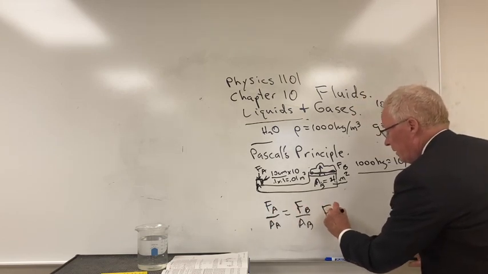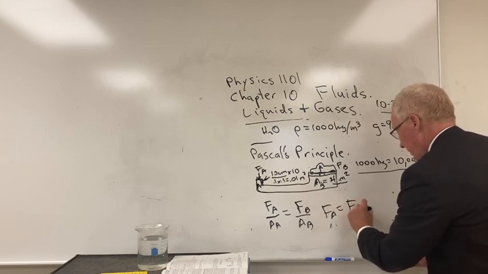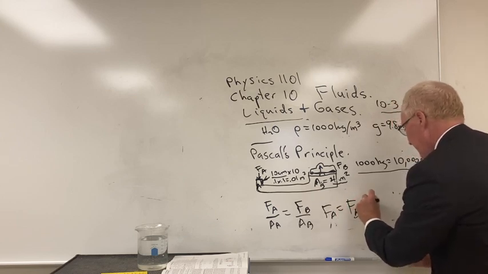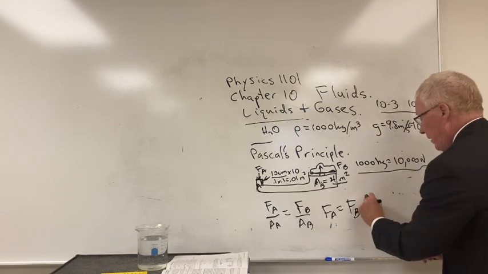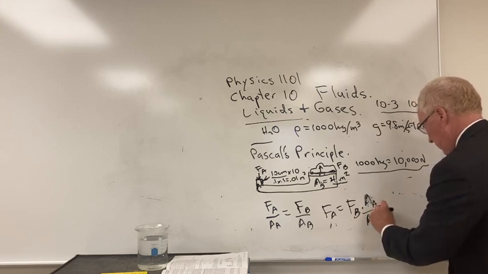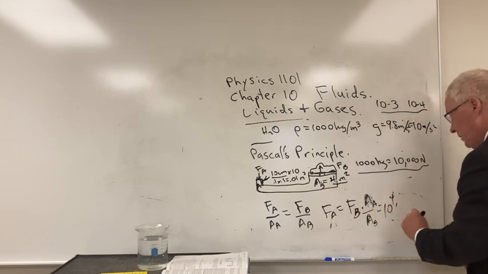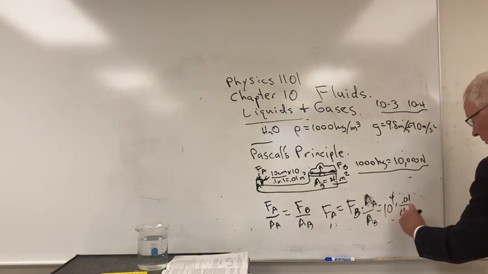Then FA will be FB times area A over area B, which would be 10 to the 4th times 0.01 over 4.